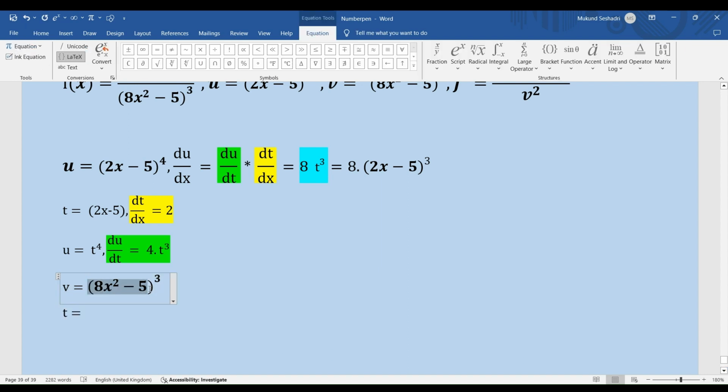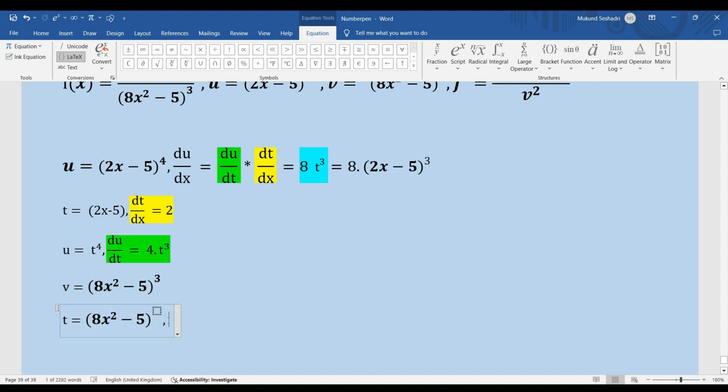Remember folks, we're solving for u and v independently, so I'm still using the same substitution t. So do not get confused between the t I use to solve for v and the t which I'm using to solve for u, right? So let's make the substitution t equals 8x square minus 5, and let's do my dt by dx, right?